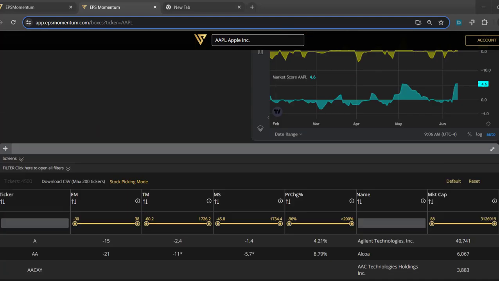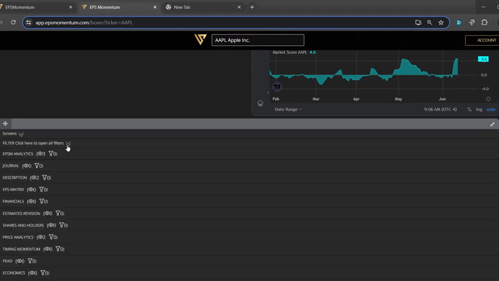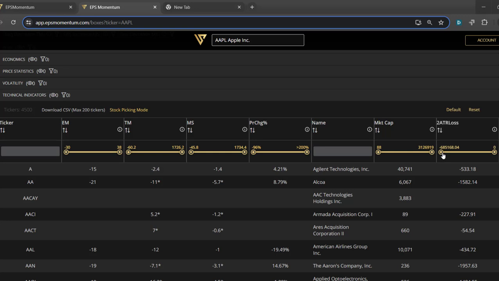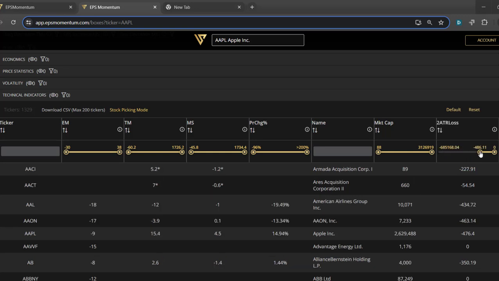But then we can bring that to the screener, and we'll go to the timing momentum category. What we'll do is screen for the max loss, average range 2 days, and then we'll sort, and you'll say, out of all this, I'm willing or okay to lose about $500 for an investment that I would want to make.